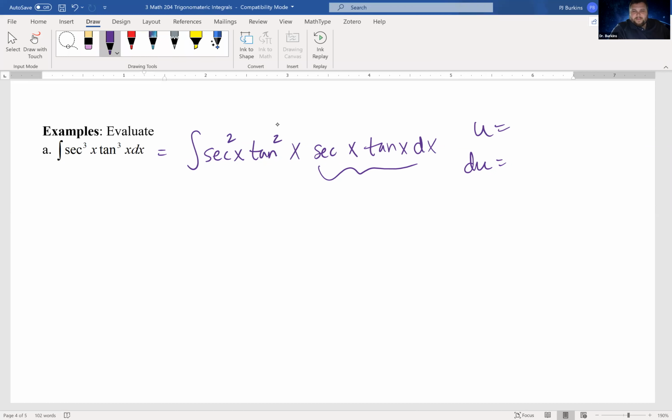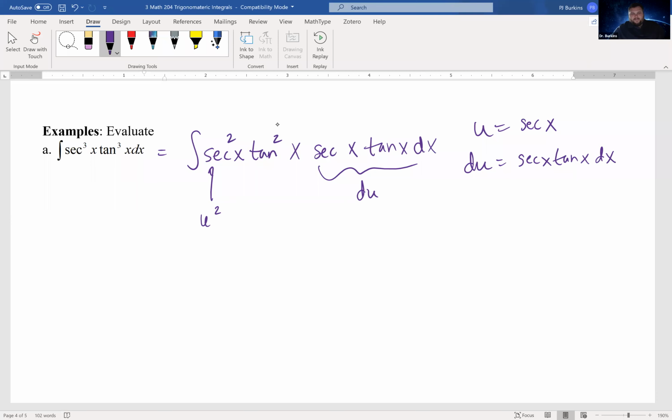So that means that in order to get a du of secant tangent, then my u must have been secant. So again, secant tan dx, that's all du. Secant squared, well, that's just u squared.